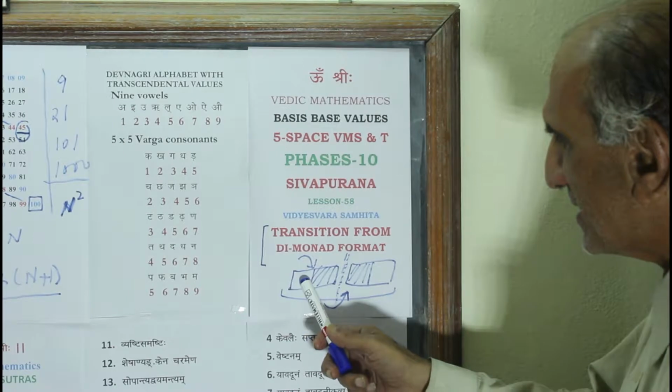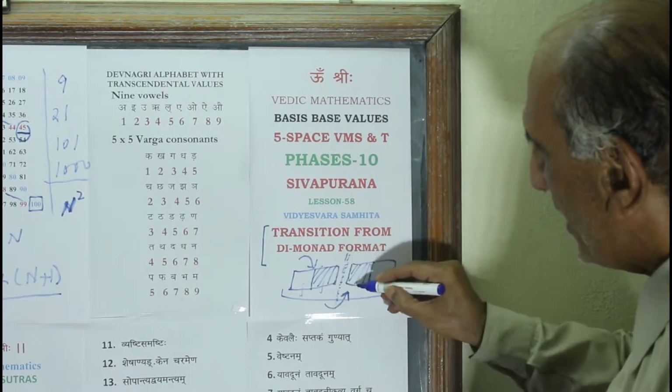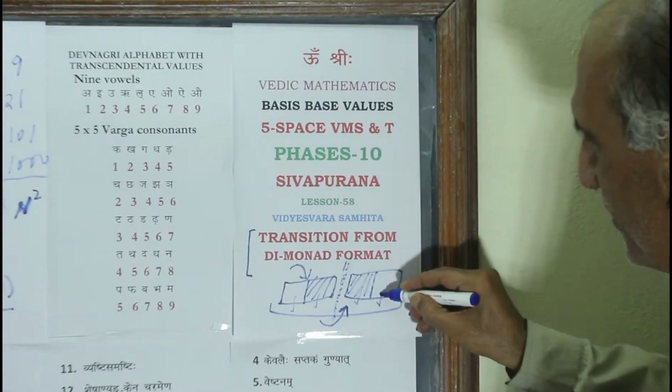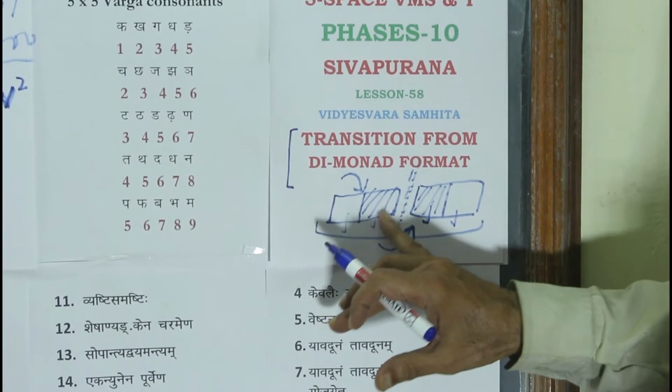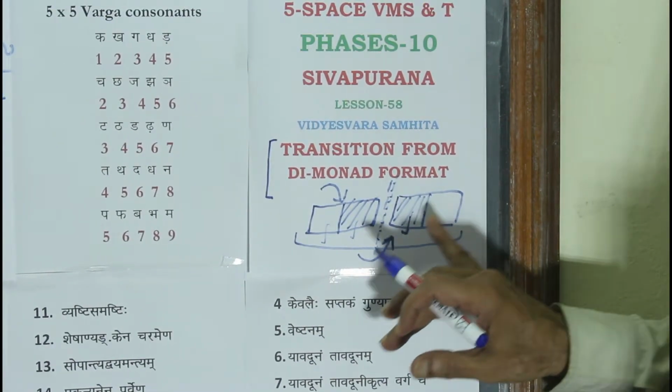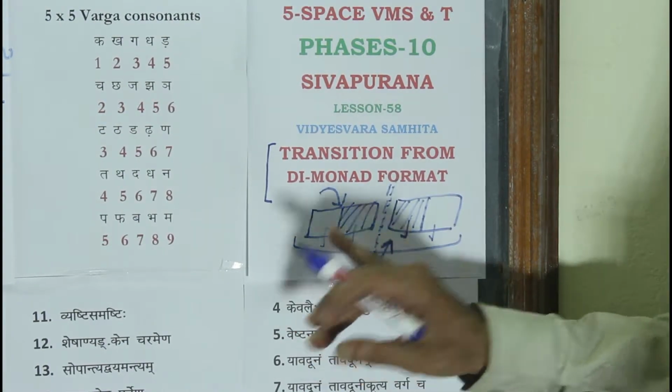Diamond is a synthetic setup of two monads, so a pair of diamonds is a setup of quadruple monads.